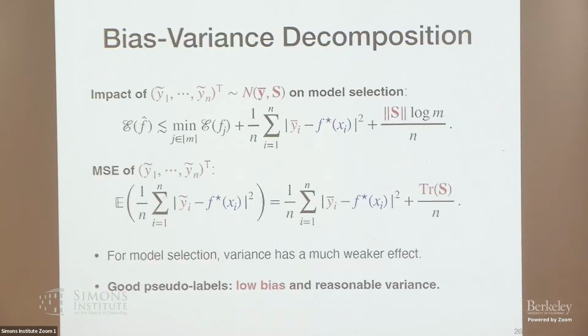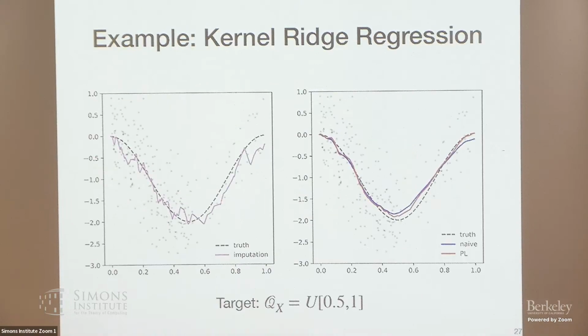According to the theoretical study, I need pseudo-labels to have low bias and reasonable variance, so when you use kernel ridge regression, you would do undersmoothing. This is my imputation model. You wouldn't want to use it directly because it has lots of noise. But you use it to label your target data and then perform model selection. It will give you a much better result.